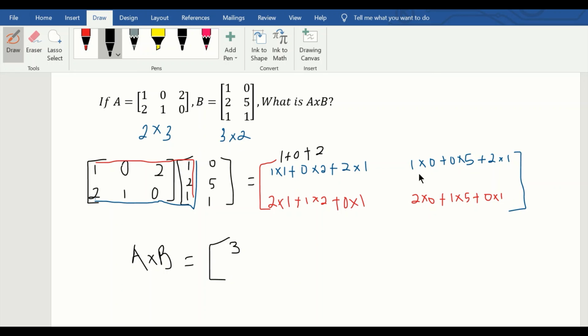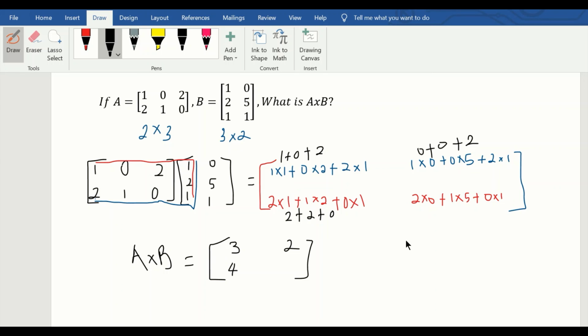For the second element, 1 times 0 is 0, plus 0 times 5 is 0, plus 2 times 1 is 2. So that gives us 2. Now 2 times 1 is 2, plus 1 times 2 is 2, plus 0 times 1 is 0. So that gives us 4.